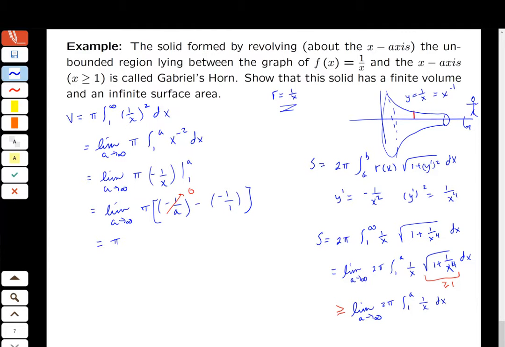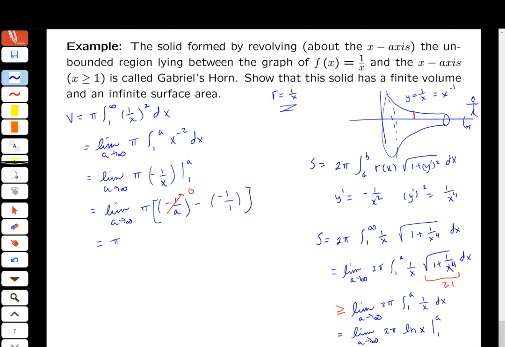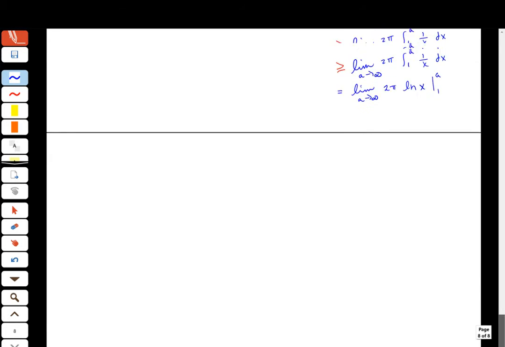Now, let's take our integral. What's the integral of 1 over x? ln of x. It's positive, so I don't have to pass to an absolute value. And that goes from 1 to a. Let me get more paper. Scroll it up a little bit.